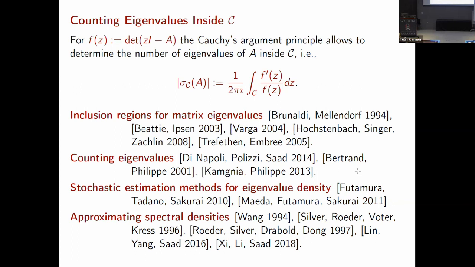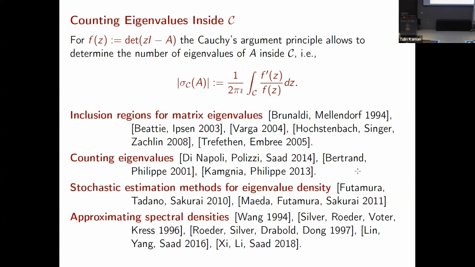So imagine you have a set of eigenvalues, you just put a contour around some of them, and if you have the ability to evaluate this contour integral exactly, you will be able to say exactly how many eigenvalues you have in this region. Okay, and this has been studied in very different contexts.